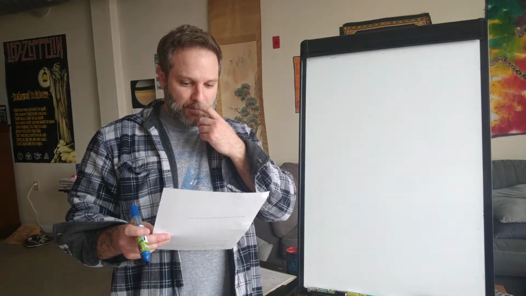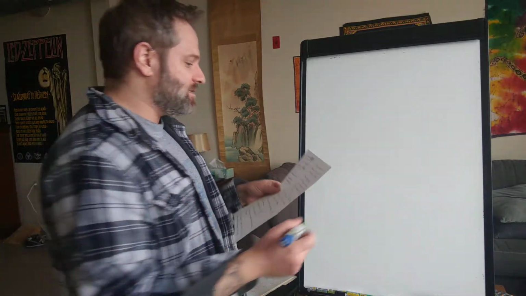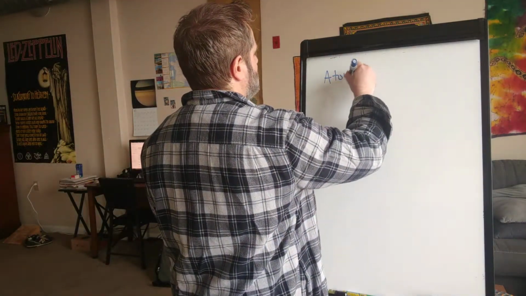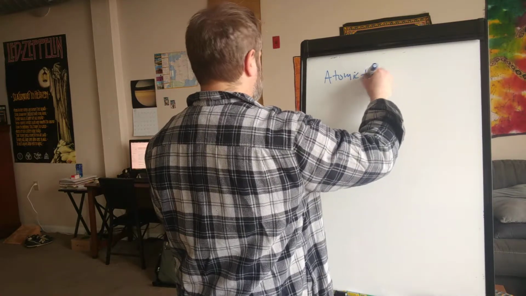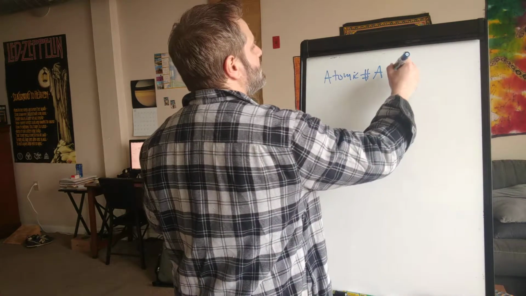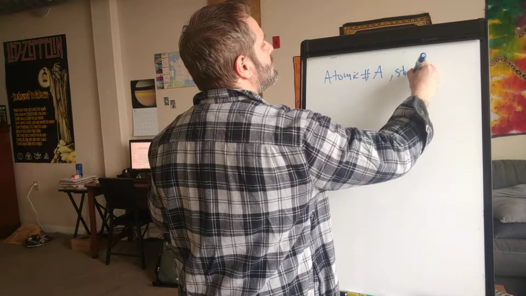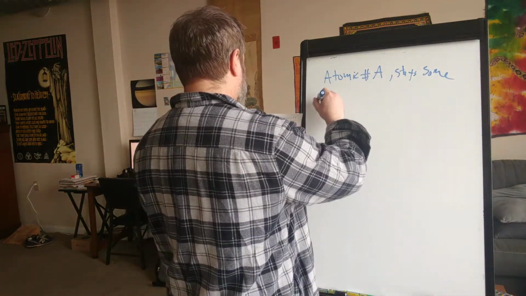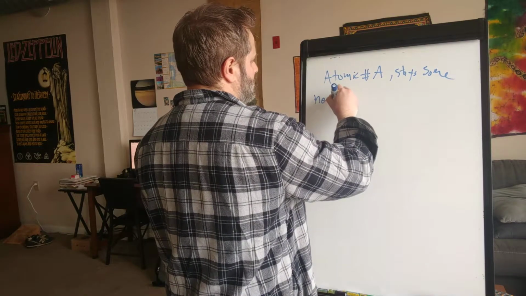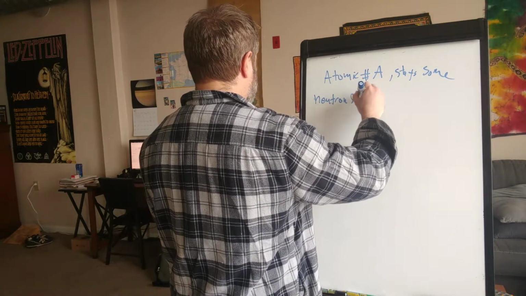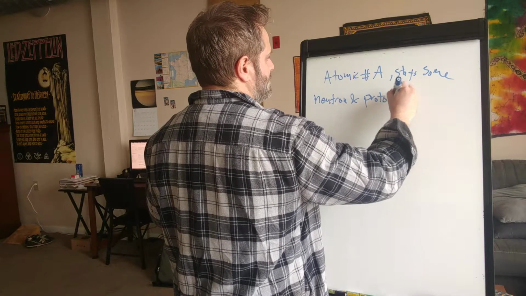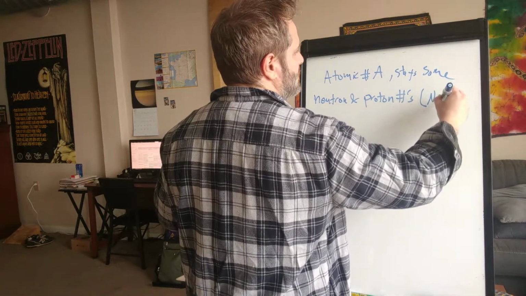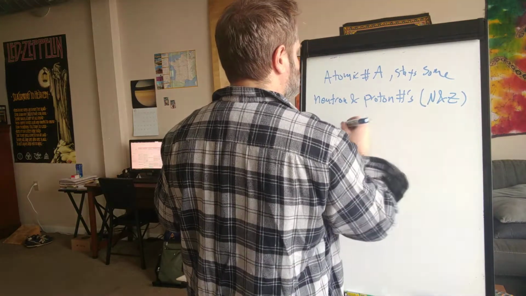So there are three processes in total where the atomic number A stays the same, but the neutron and proton numbers, that is N and Z, change.